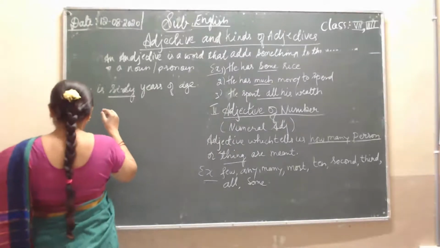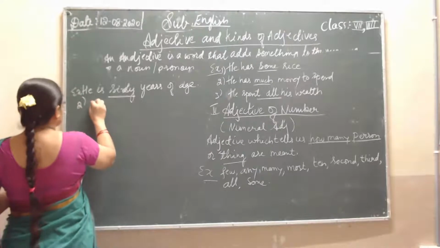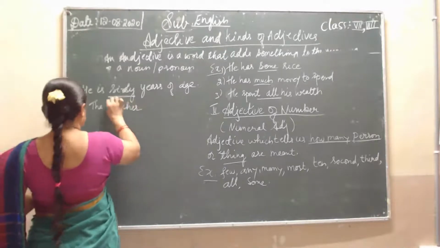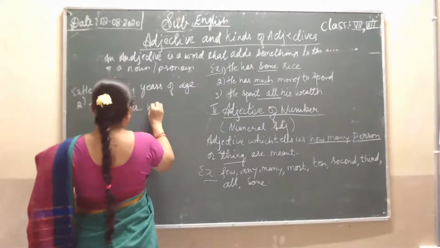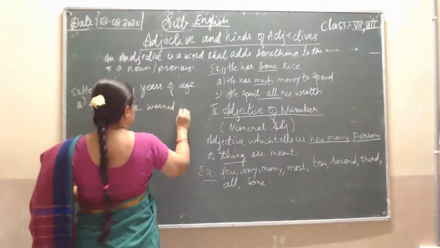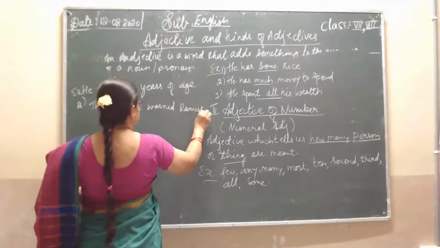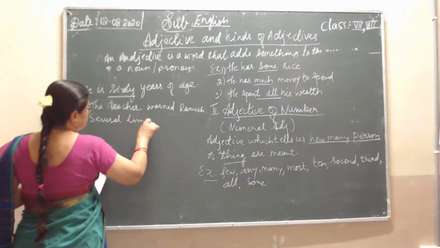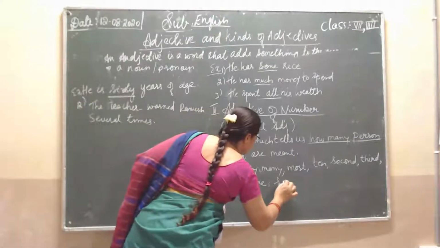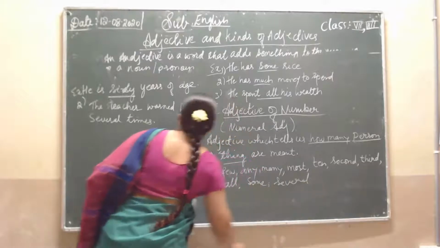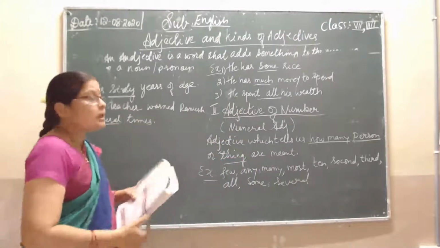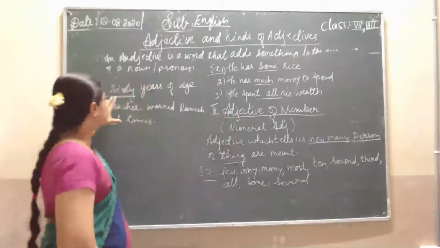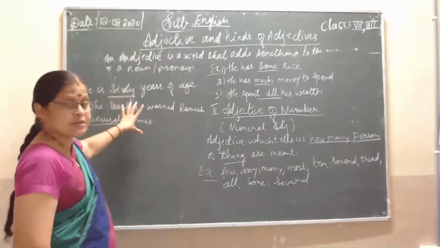Second is, the teacher warned Ramesh several times. So here you can note down one more, that is several. This several is also an adjective of number. These are all the examples for this kind of sentences.